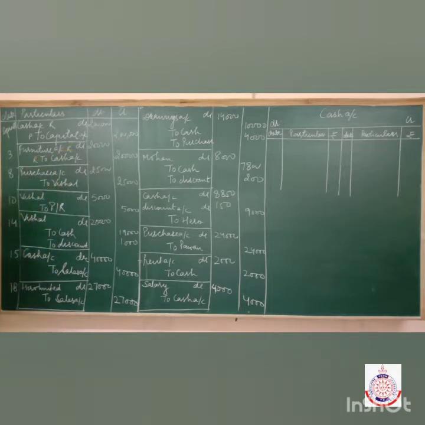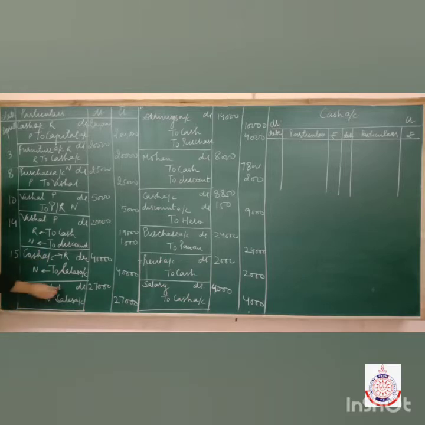Purchases to Vishal, where purchases is nominal and Vishal is personal. Vishal to purchase return. Vishal is personal, purchase return is nominal. Vishal to cash to discount. Vishal is personal, cash is real and discount is nominal. Then cash to sales, where cash is real and sales is nominal.